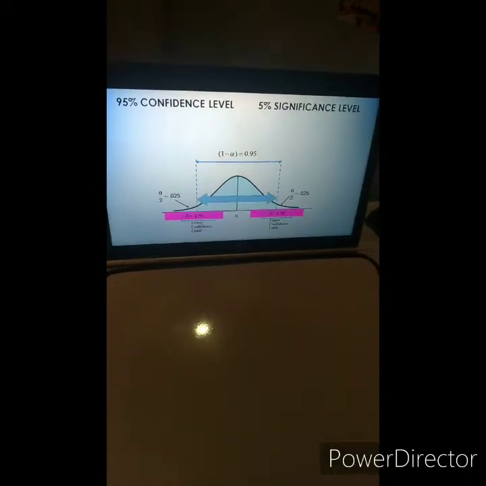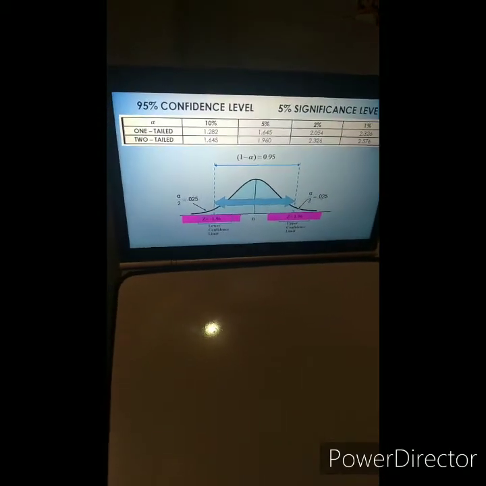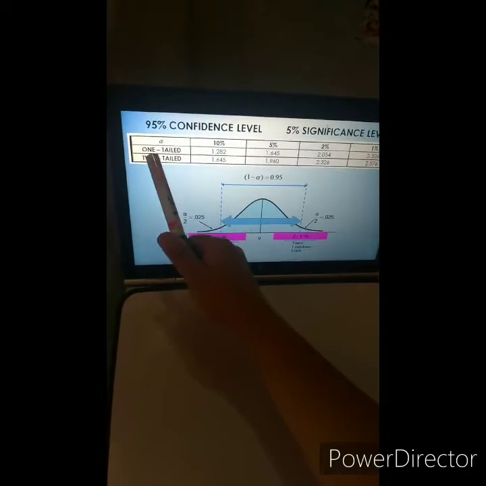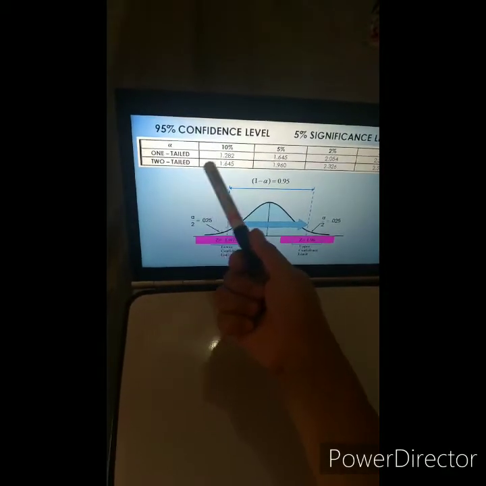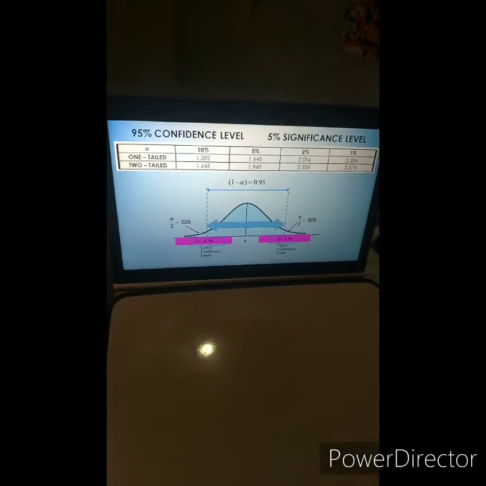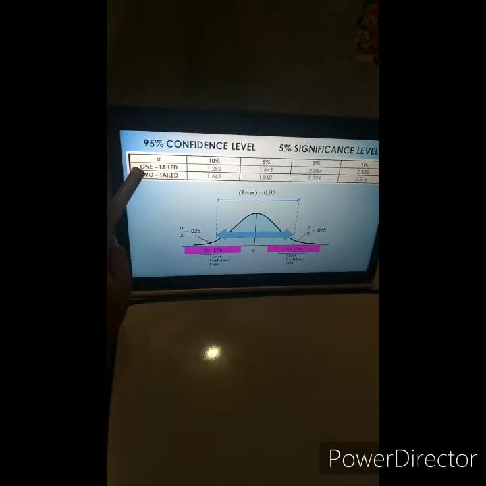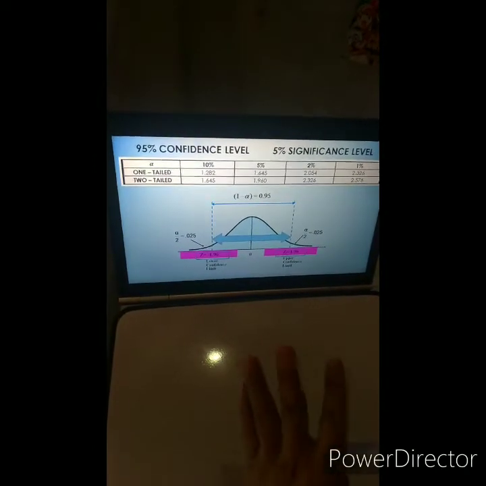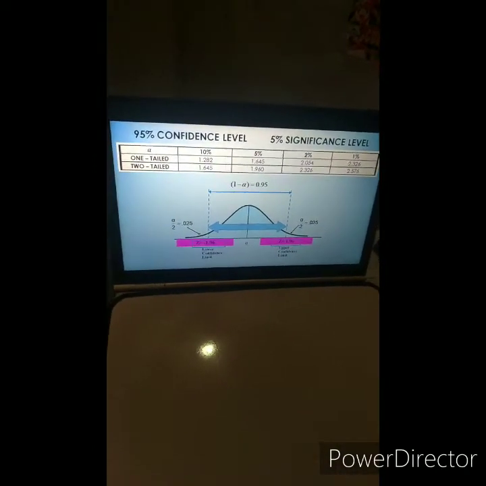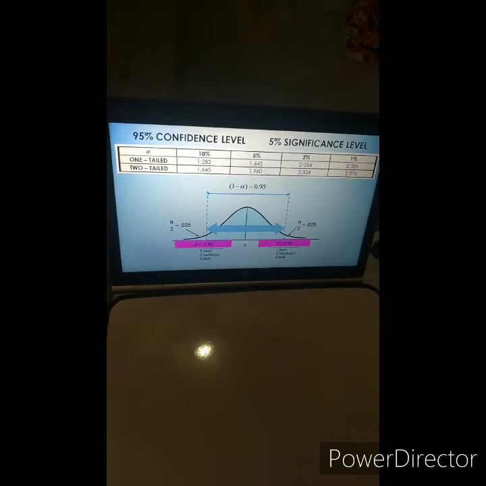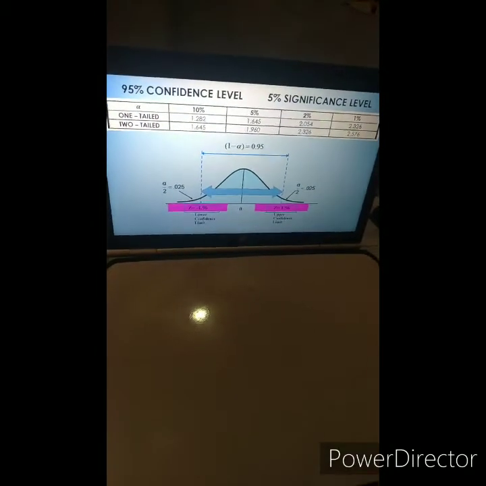Okay, so next, here we have the commonly used confidence levels. We have the Z score, alpha, one-tailed or two-tailed. It's very important that you know if your alternative hypothesis is directional or non-directional.